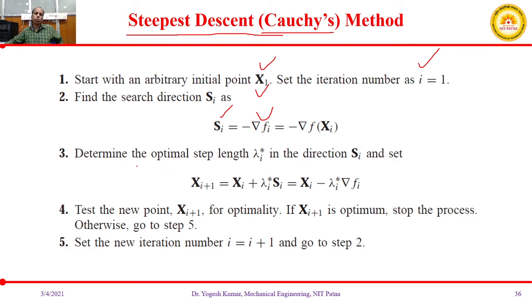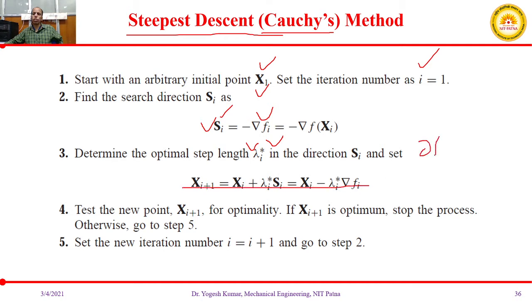Now we need to determine the optimum step length. If we have found the search direction, then like the previous example, we will decide the optimum step length in the search direction, and we will calculate the value of lambda i.